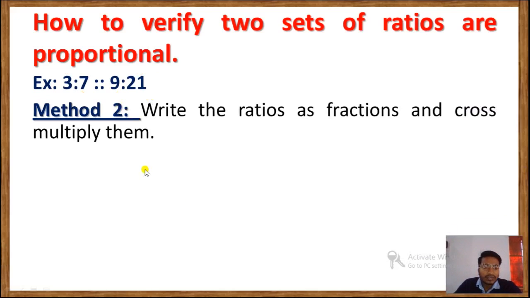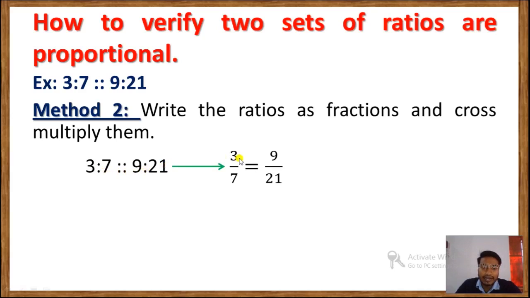What is the second method? Write the ratios as fractions and cross multiply them. In this method we have to write the ratios as fractions. Let's see. 3 is to 7 as 9 is to 21.